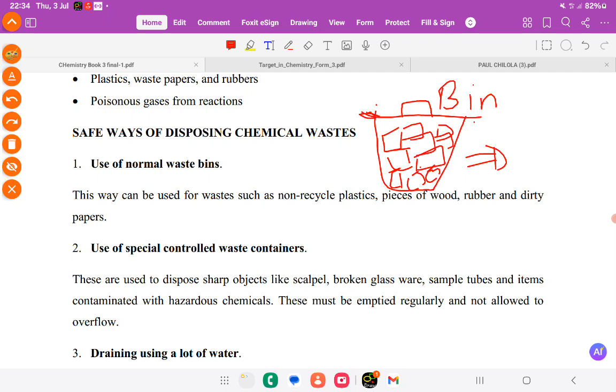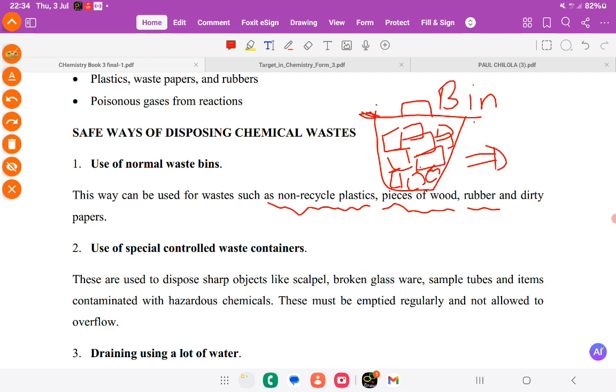Okay, so this way can be used for non-recyclable waste, waste that cannot be recycled, pieces of wood, rubber, and sometimes maybe dirty papers, for example, waste papers.